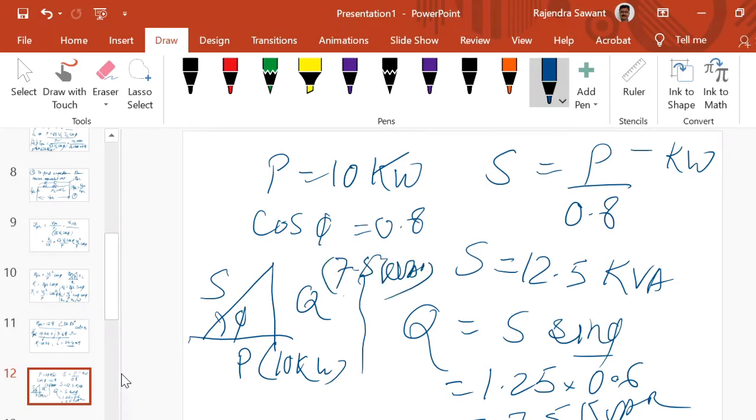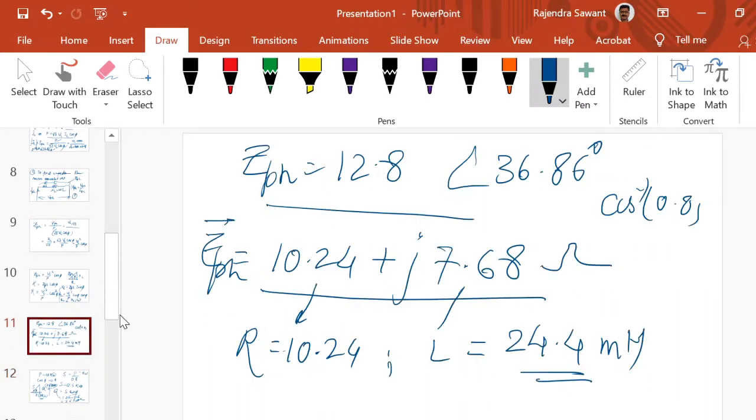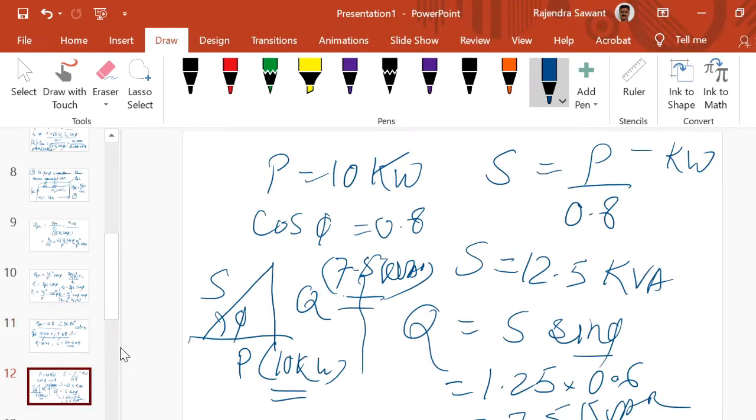If we can verify from the simulation, by substituting these quantities in the load branch, that the load branch draws current in such a manner that the three phase power dissipation is found to be 10 kilowatt and the reactive power drawn is also 7.5 kVAR, that means whatever we computed is correct.